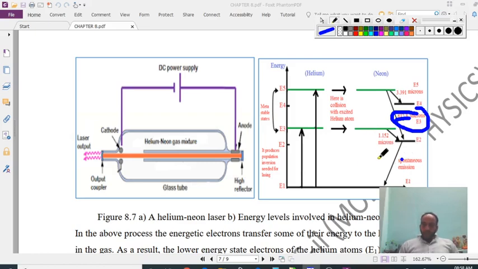Now this photon is reflected back by the partially silvered mirror, and at the other end it is also reflected. These reflected photons again bring the atoms down from the higher energy state to the lower energy state and become 2 photons.